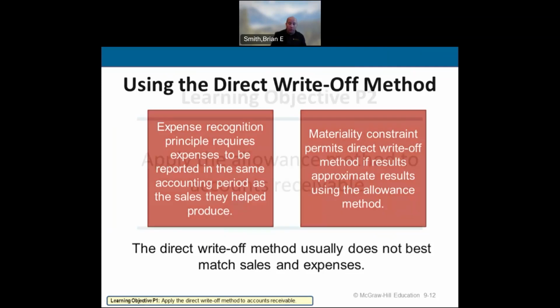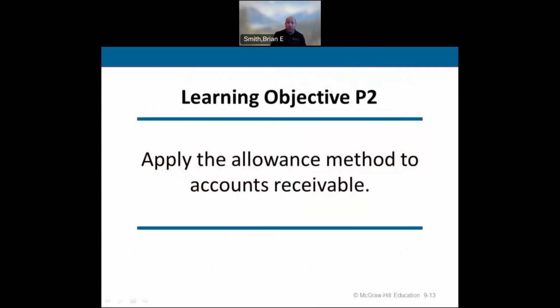So what we're going to do is use what's called the allowance method. What this is, we're basically going to estimate how much of these accounts are going to go bad. Now, we don't know for sure. It's an estimate. It's like depreciation expense, okay? We talked briefly about depreciation in chapter 3, but we didn't go into a whole lot of detail about it. We're going to go into it in chapter 10 in Accounting 112.